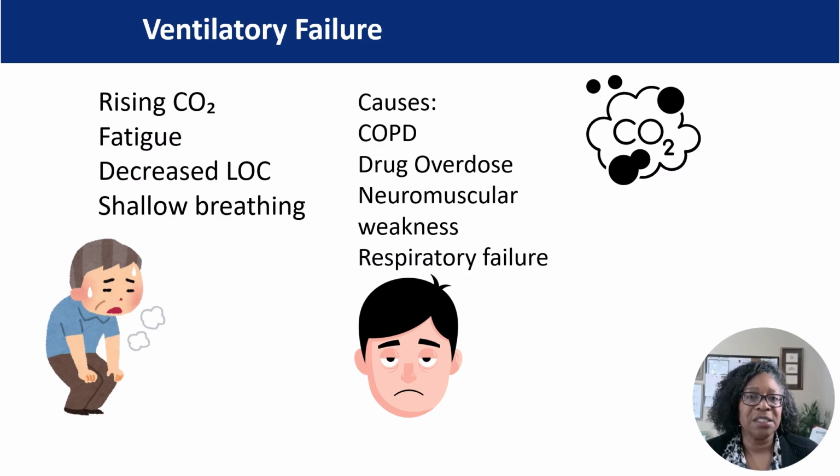Common causes are COPD, drug overdose, and neuromuscular weakness. Think of patients with neuromuscular weakness, they just can't get those lungs to expand. Maybe the diaphragm is not effectively working. And understanding which problem is occurring determines the correct intervention. Okay.